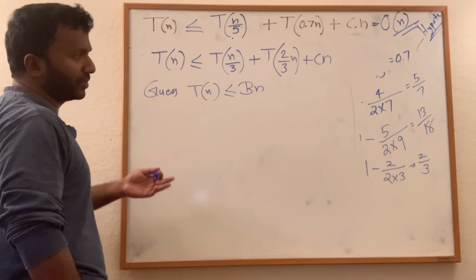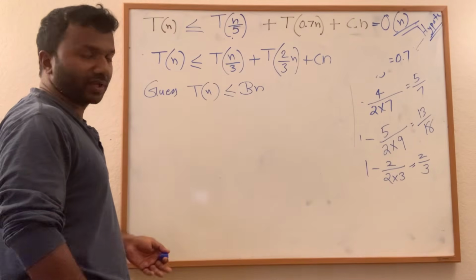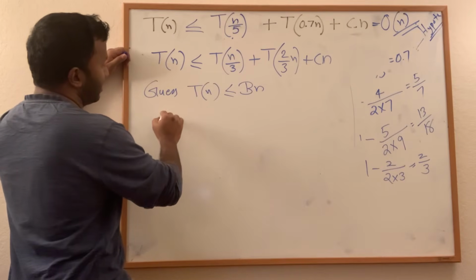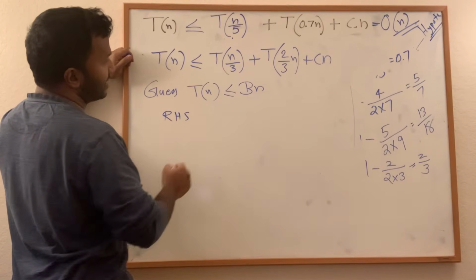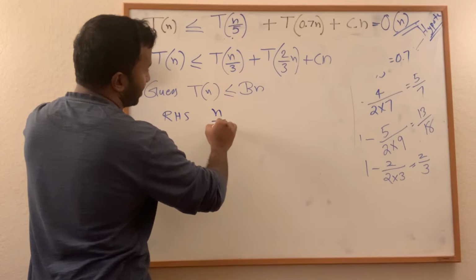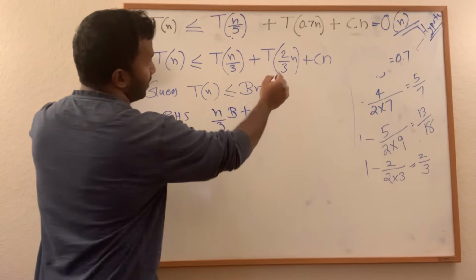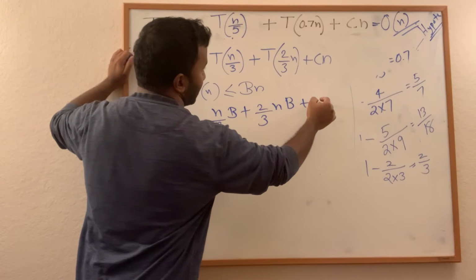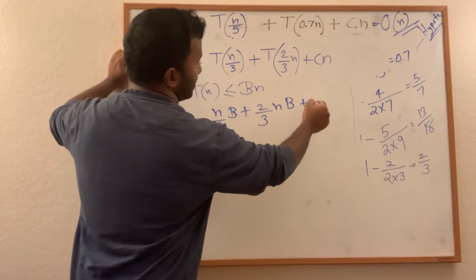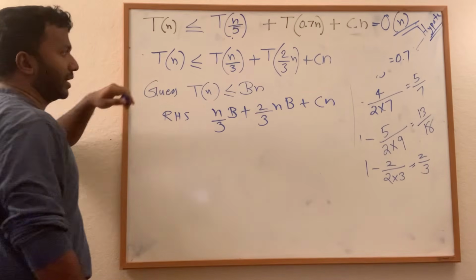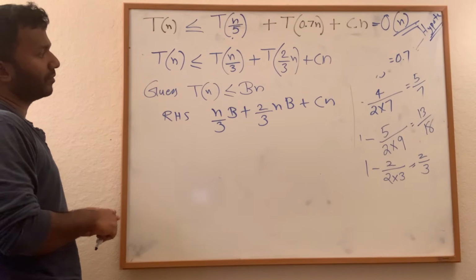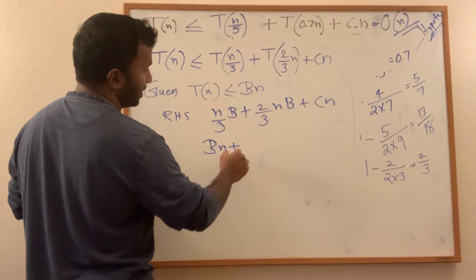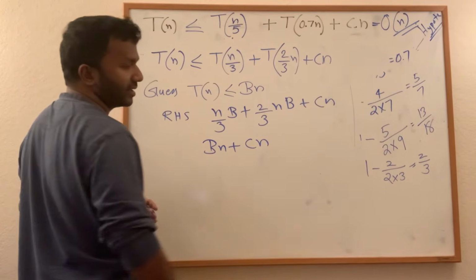For that, I assume this is true for 1, 2, 3, 4 up to k minus 1, and when n is equal to k, the right hand side will be n over 3 into b plus 2 times 2 over 3 nb plus cn, right? And this will become bn plus cn.